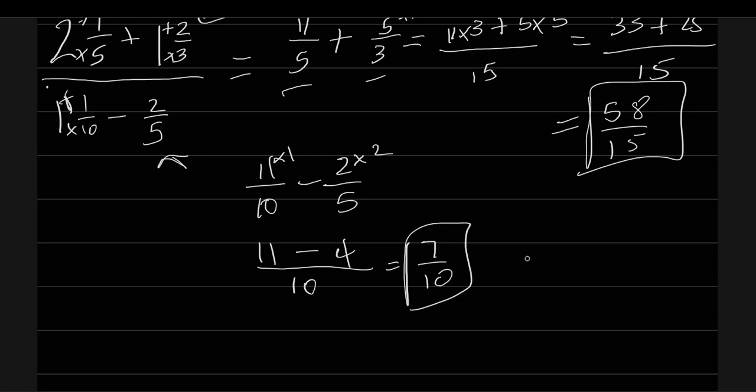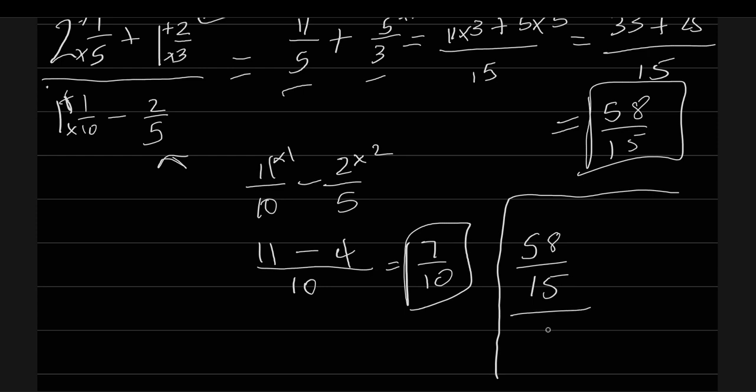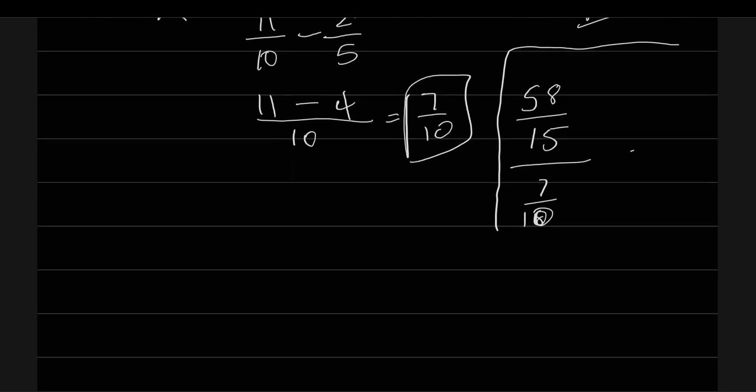And now we end up with an equation: 58 over 15 over 7 over 10. We can rewrite this fraction bar as 58 over 15 divided by 7 over 10.